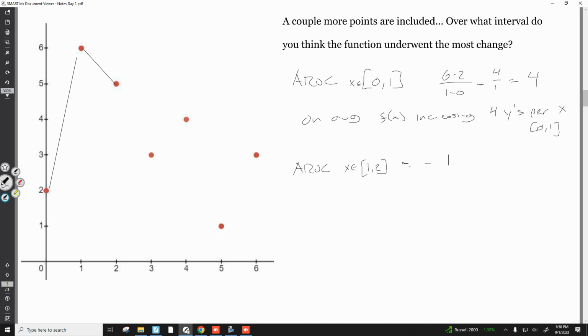You don't have to do 5 minus 6 and 2 minus 1. You can just say, I went down 1 with my y's, I went over 1 with my x's. Now that value -1 is -1 over 1. What does it mean? On average, my function is decreasing 1 y per x.